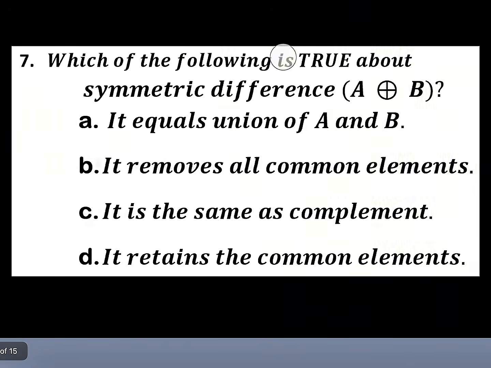Let's have number 7. Which of the following is true about symmetric difference A and B? So for symmetric difference, you will list down the unique elements after removing the common elements from A and B. So option A, it equals union of A and B. So this is not equal.